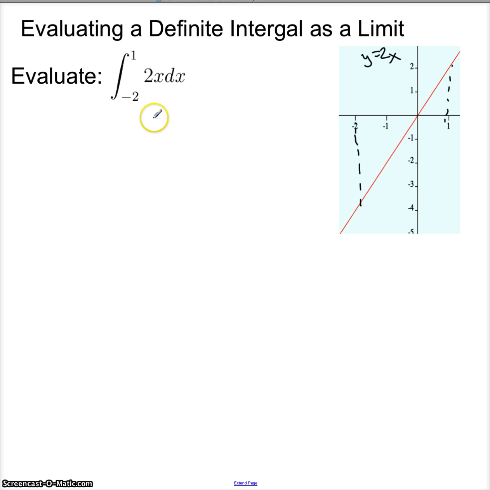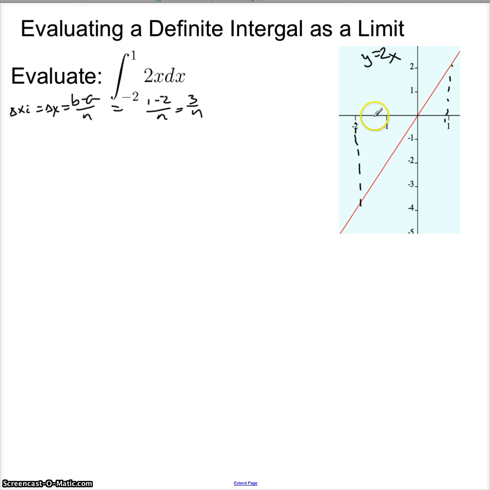Well, first of all, let's define a regular delta x_i, and this is going to be the same for all of them, as (b minus a) divided by n. So this becomes b, which is 1, minus -2, divided by n, or 3 over n.